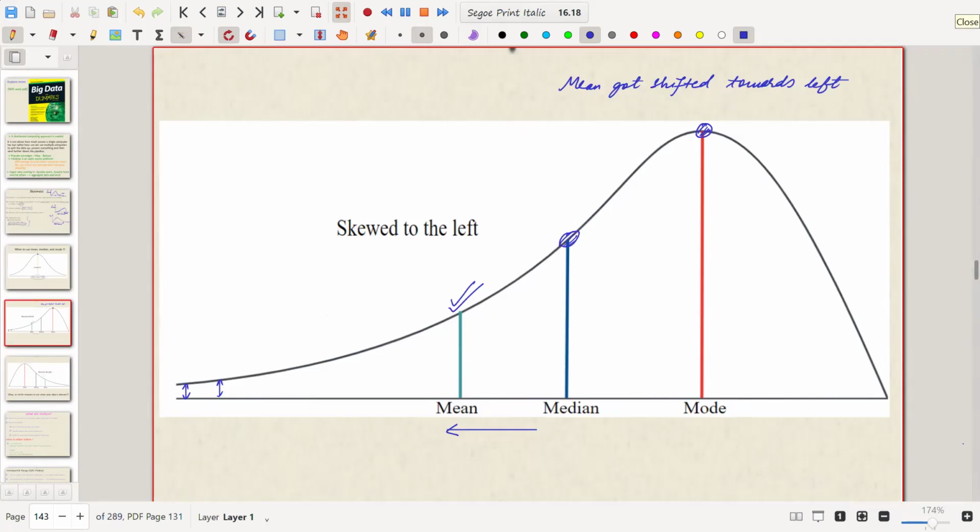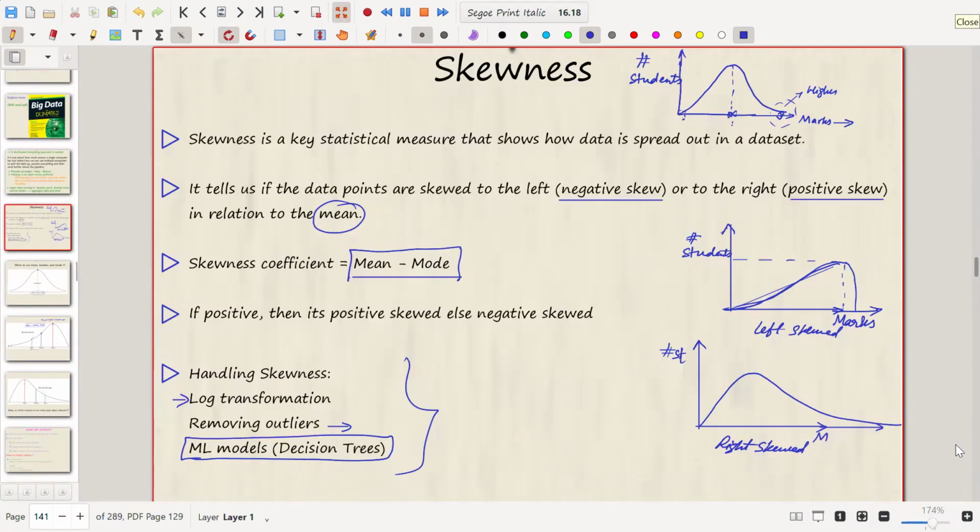So what relation are you getting if your data set is left skewed? See the picture. Mean less than median less than mode. Now what is referred to as the coefficient of skewness?